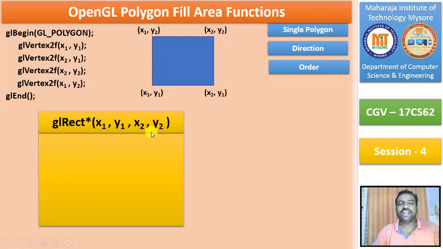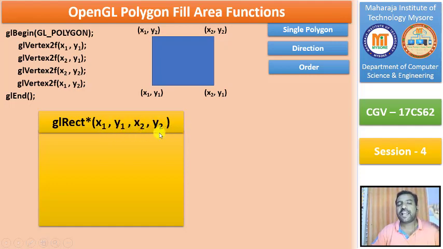Either it takes integer, or floating point values, or double, or short. I can mention what type of value it's going to take. Hence I can just use GLRectf. And if I'm going to pass this as an array, storing one point as P1 and the other point as P2, even that can be done here.